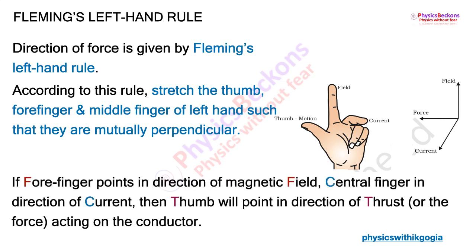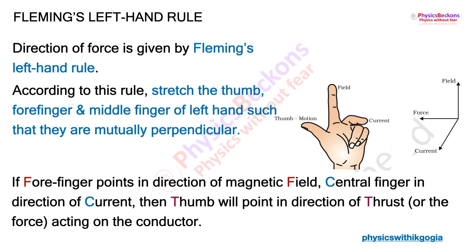If the forefinger points in the direction of the magnetic field, and the central finger in the direction of current, then the thumb will point in the direction of thrust, or the force acting on the conductor. Now here is an aid to memory to minimize error in the use of Fleming's left hand rule.